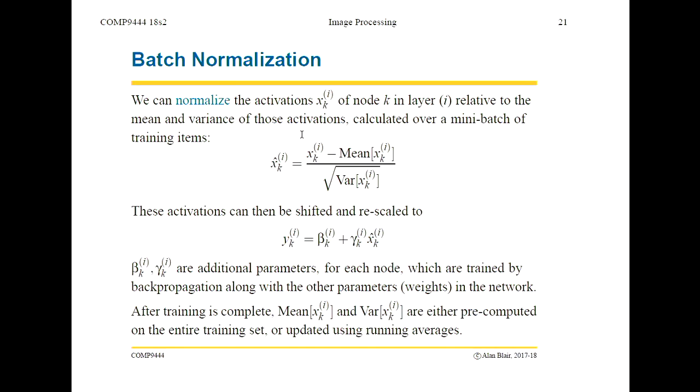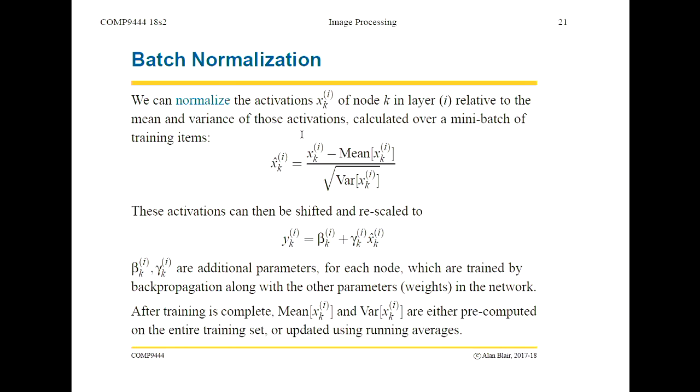So I rescale its activation linearly so that the mean is beta and the standard deviation is gamma. Beta and gamma become additional variables that we can train by backpropagation.